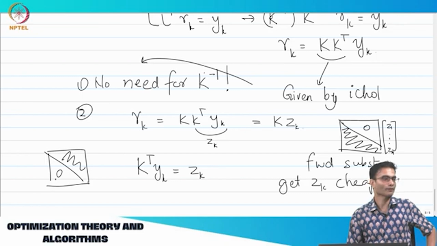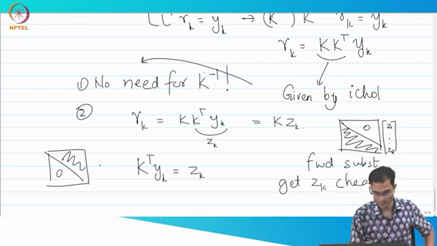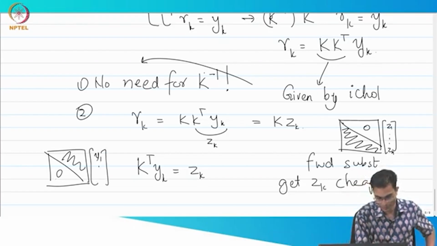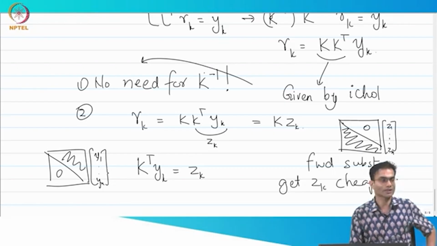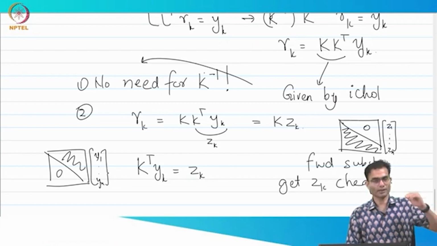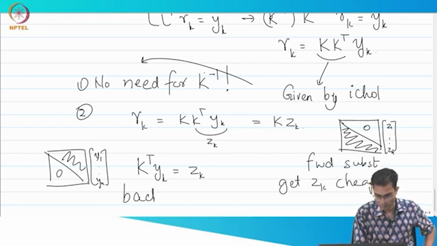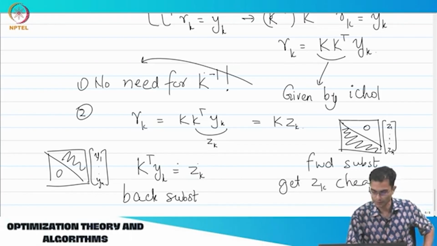From which order do I start? I'll start from Yn, so this is going to be my Y1 up to Yn. Yn times Knn is equal to Zn. In one shot I get my Yn and I move back. So this is why I would call this back substitution. And that gives me my Yk.